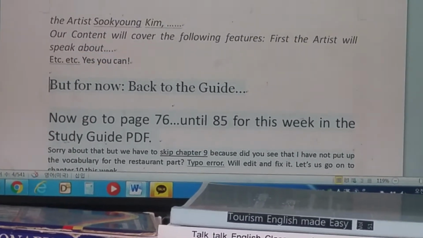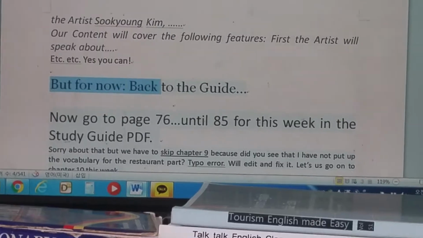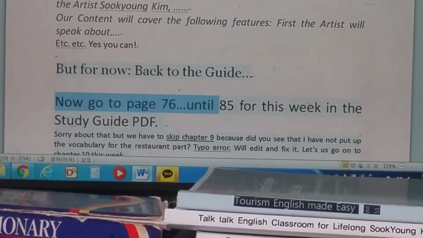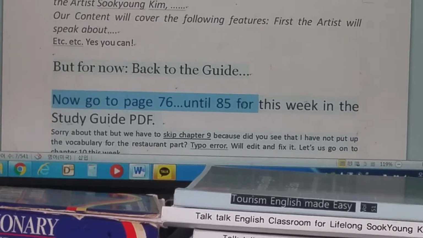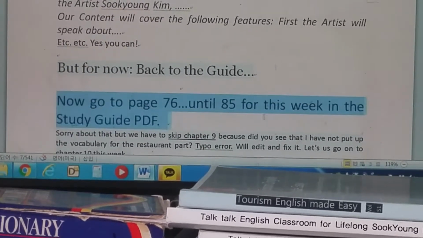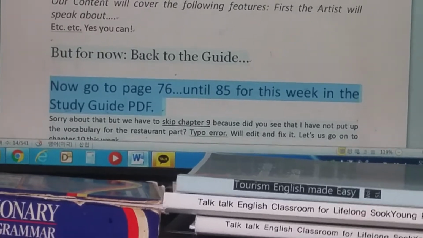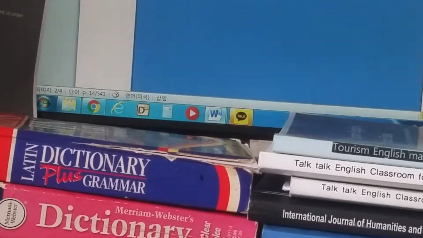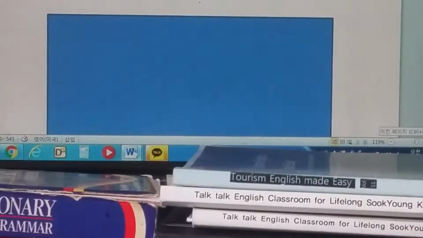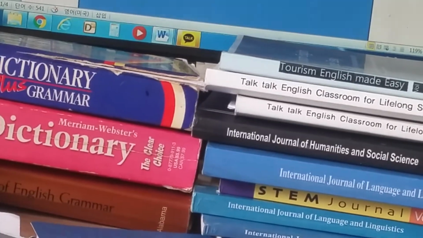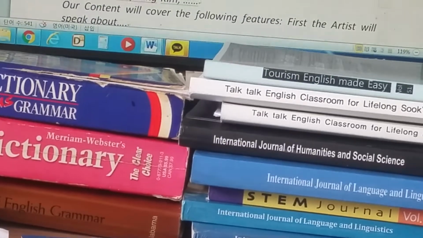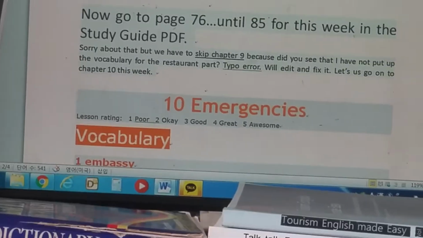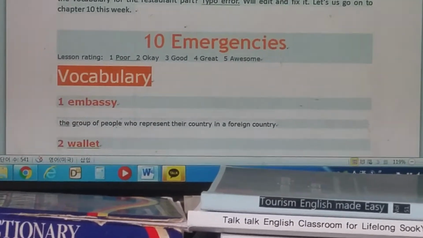But for now, for this week, back to the guide. Go to pages 76 to 85 for this week in the study guide PDF. You will notice that I apologize here.